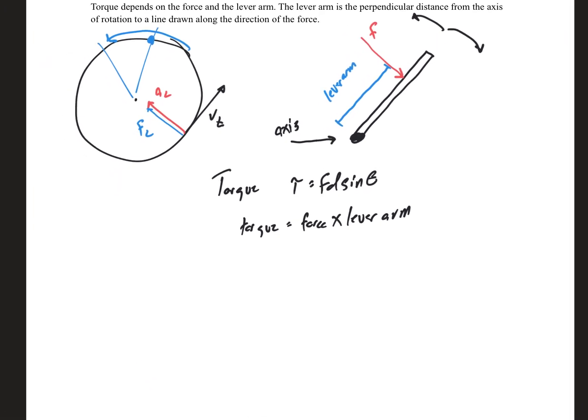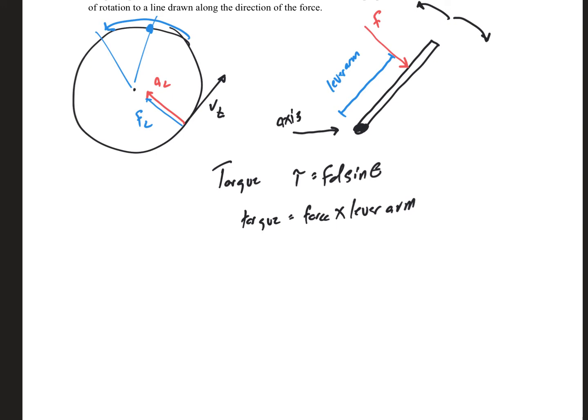So I want to go into that a little bit further. So here is my object. So here's the axis of rotation right here. And here is my door, for example, okay? And we figured out that only the perpendicular force can do any kind of rotating on it. So if I have a force directed like this at some angle, okay, once again, my lever arm is going to be the distance to the force, okay?